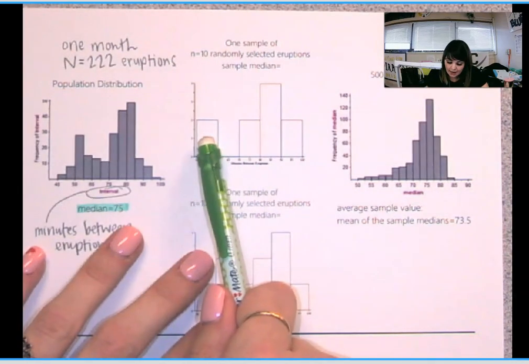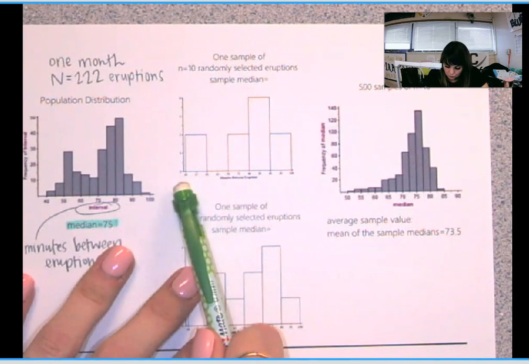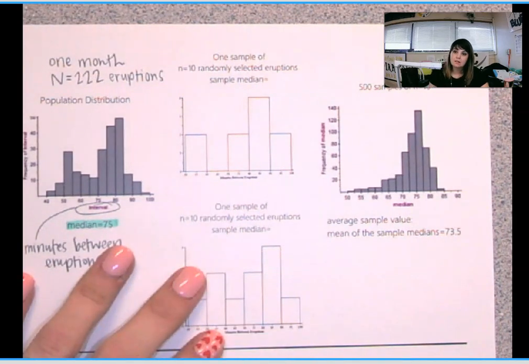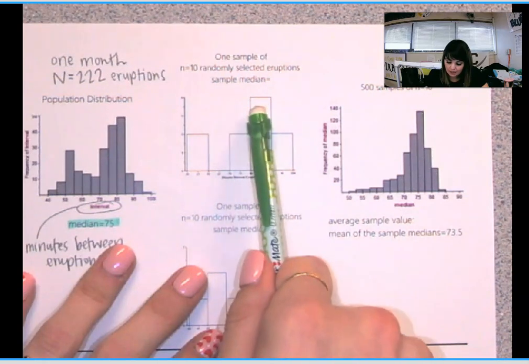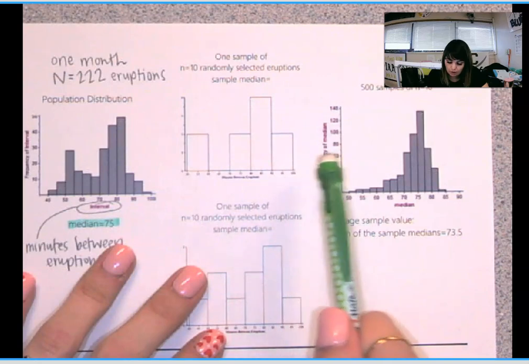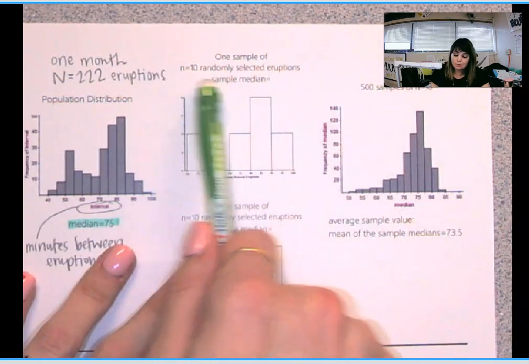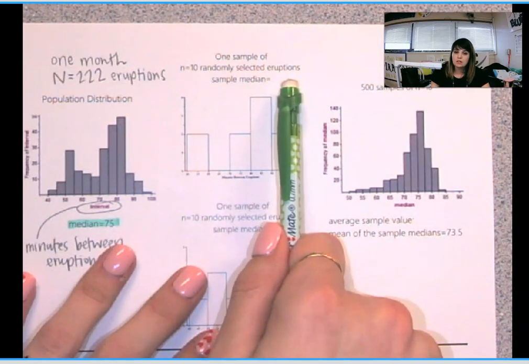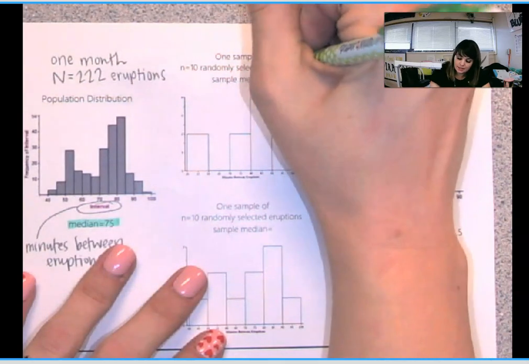So we had, it looks like, 2 eruptions that were between 50 and 60. So the time between those eruptions was 50 to 60 minutes. We had 2 eruptions that were 70 to 80, 4 eruptions that were 80 to 90, and 2 eruptions 90 to 100. So we take one sample of 10 eruptions, and from this sample, the median was 83.